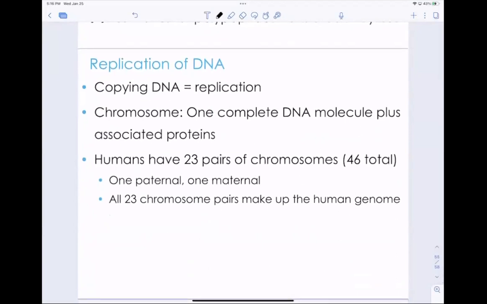Copying the DNA. So replication happens during mitosis. And you want to have an exact replication of the DNA because if something goes wrong, a UV ray hits it, some chemicals, the DNA doesn't get replicated perfectly. There could be an amino acid that is wrong in that gene.